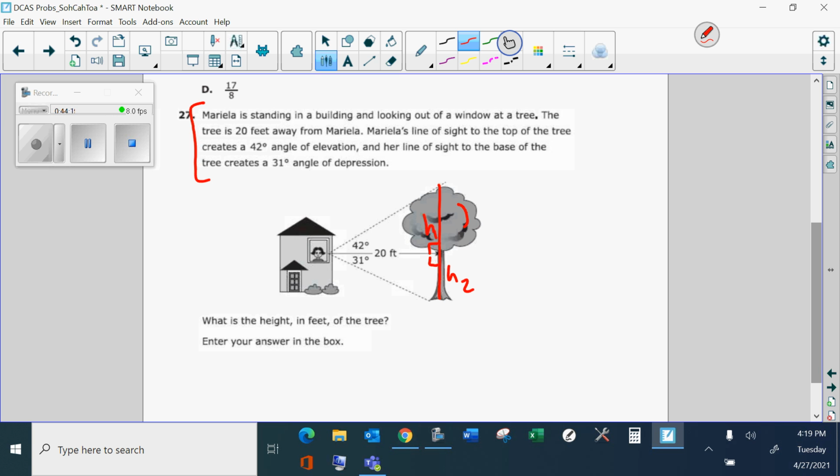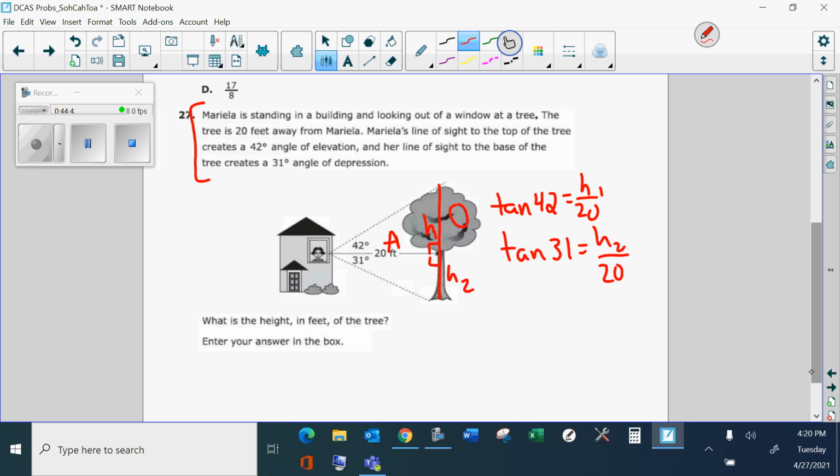So we have opposite over adjacent. So tangent 42 equals h over 20, and tangent of 31 equals h over 20. And then we add those together.